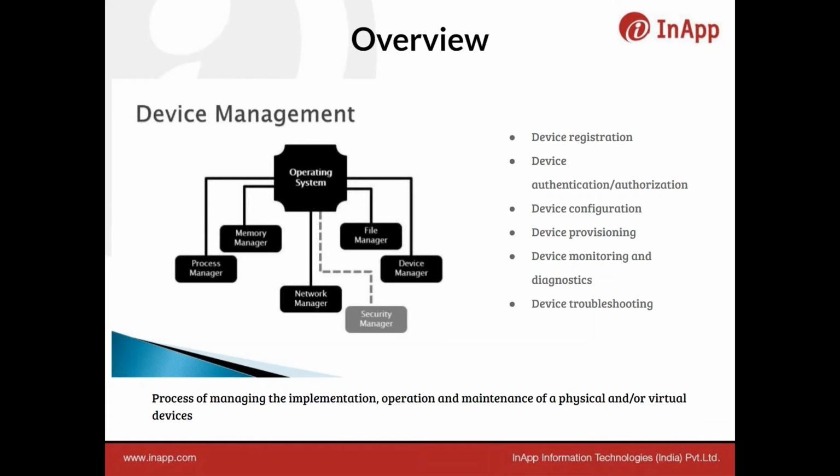So device management means you manage each individual device out of the millions of devices that can connect to your system. This application has different services, file management, device management, everything that is there, to control the device working.